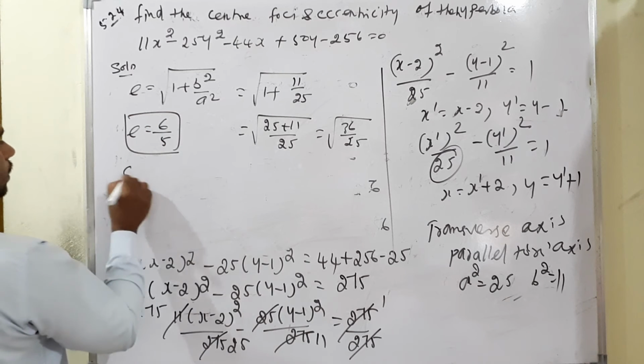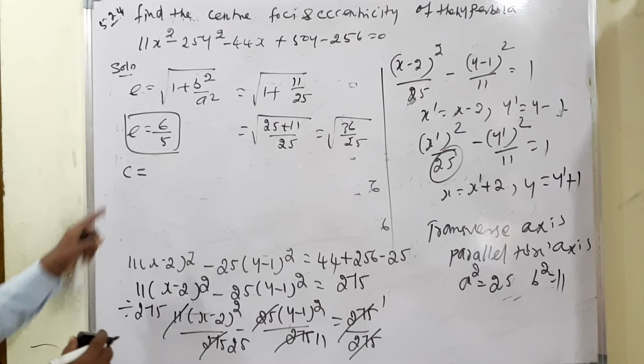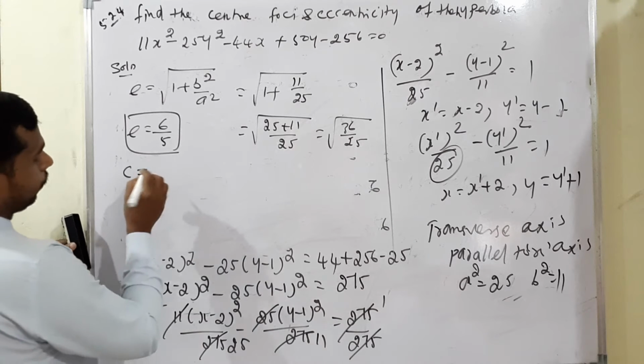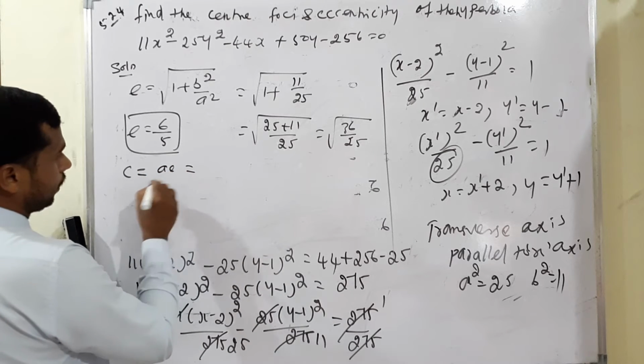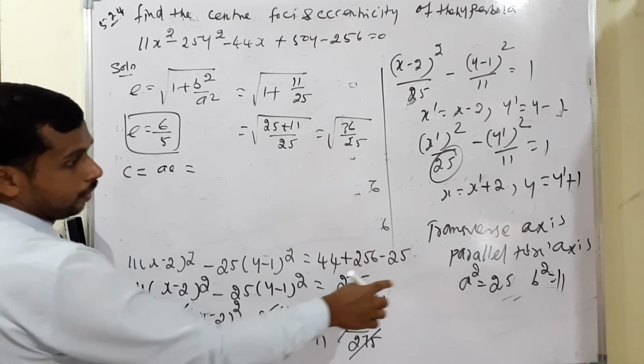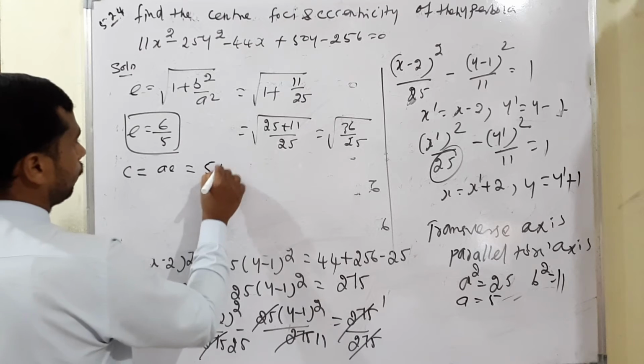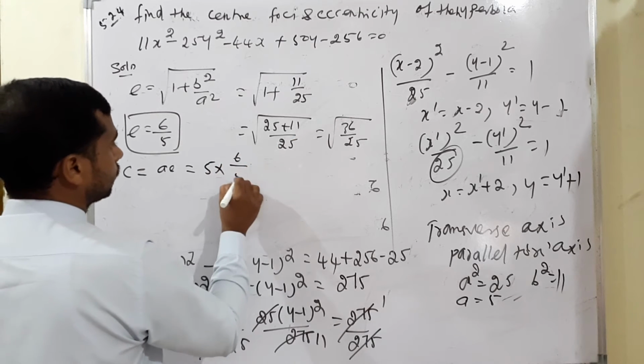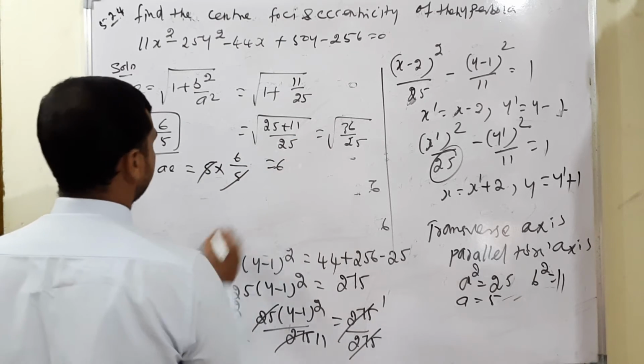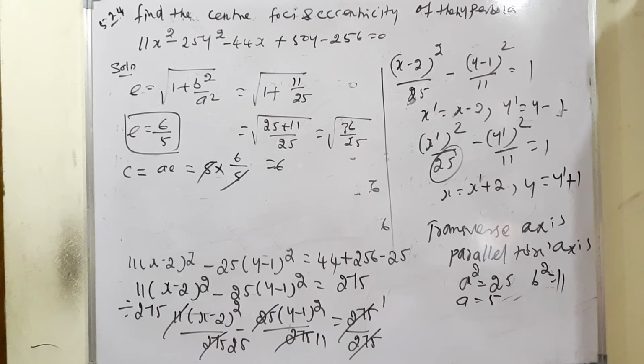After getting the e, c means definitely what is the meaning? ae means foci. So, ae, what is the value a? a square is equal to 25 means a is equal to 5 will come. Therefore, 5 into e value 6 by 5. 5 cancel means value will be 6. Therefore, ae also value will be 6.